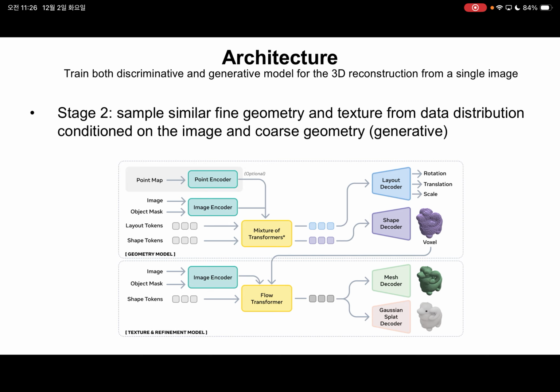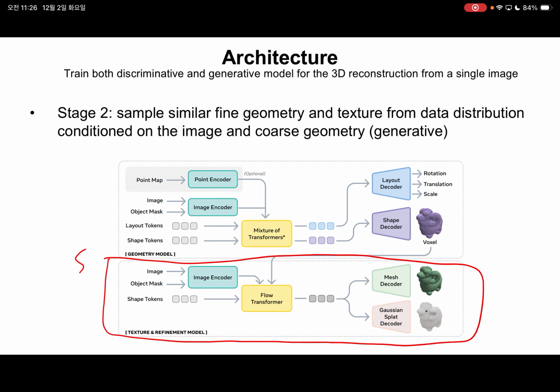And for stage 2, there is a generative model. The flow transformer is a generative model. Based on the generative model, it samples fine geometry and texture from the data distribution, conditioned on the image and coarse geometry. A generative model assumes some distribution, right?